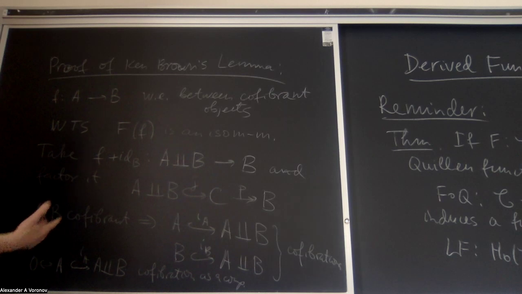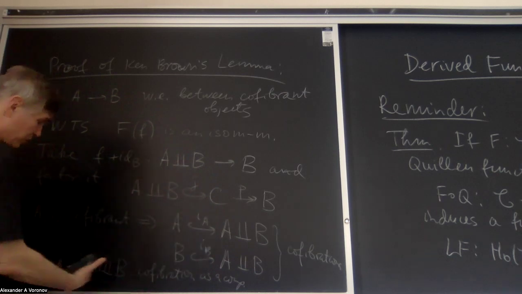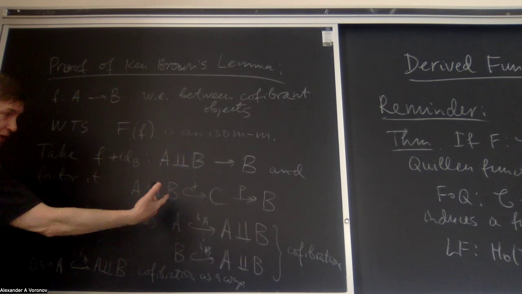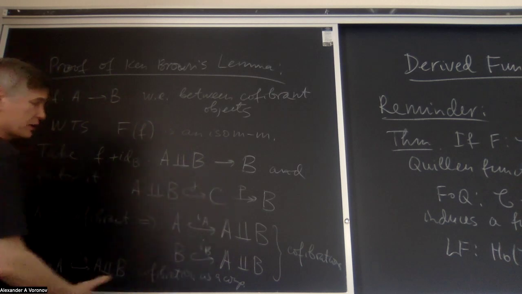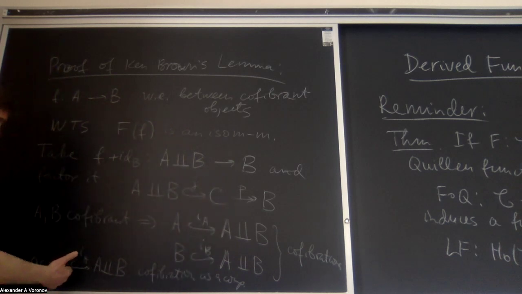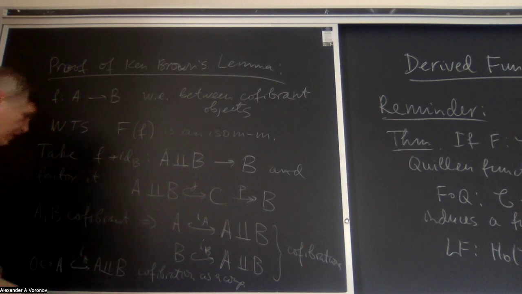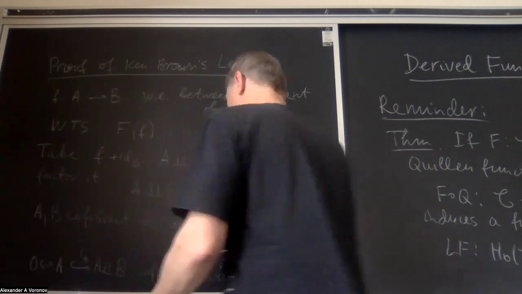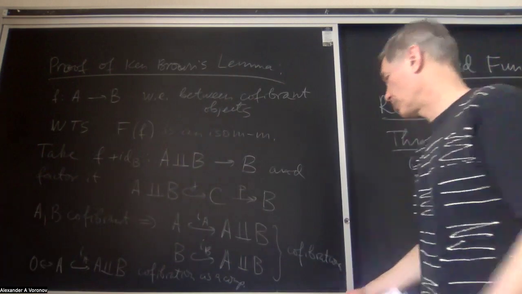Then what else do we need? Another composition: if we post-compose this with j mapping to C, then we'll see that C is cofibrant, and the composite is a cofibration.